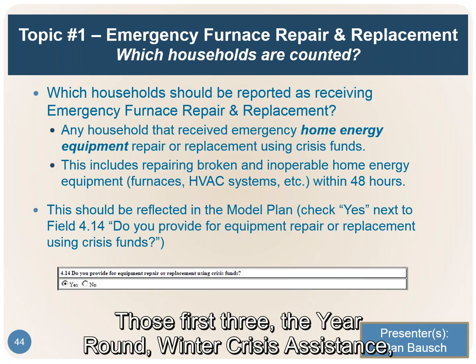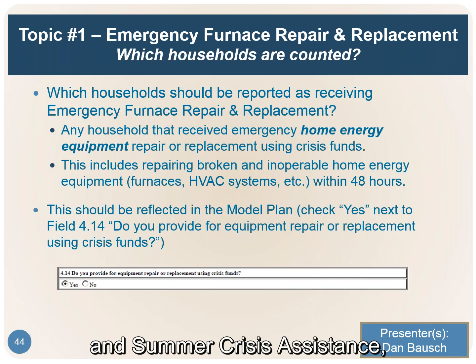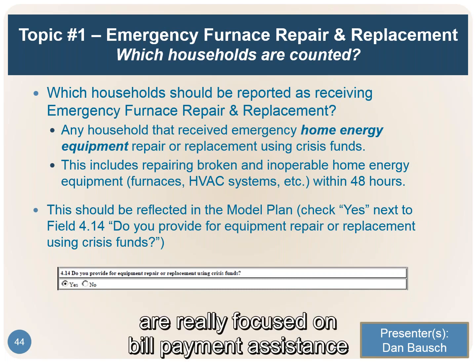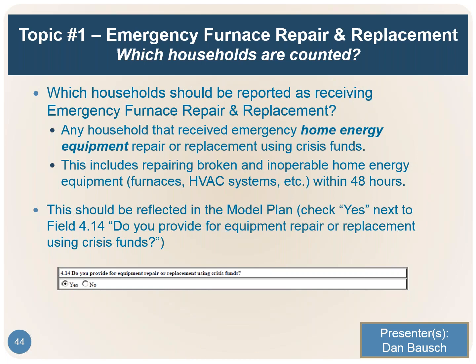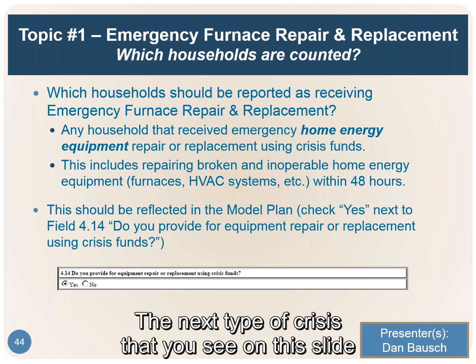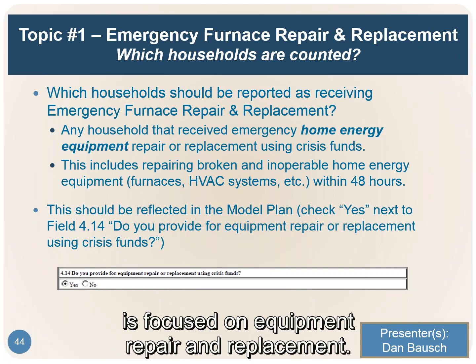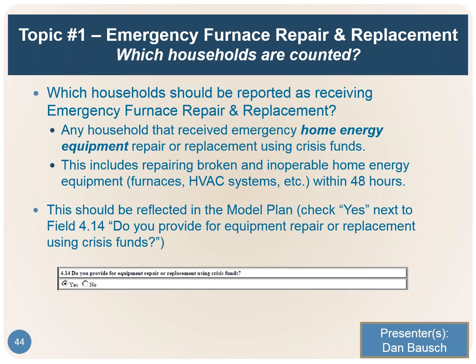So those first three, the year-round winter crisis assistance and summer crisis assistance, are really focused on bill payment assistance for households that are experiencing a home energy crisis. The next type of crisis that you see on this slide is focused on equipment repair and replacement.